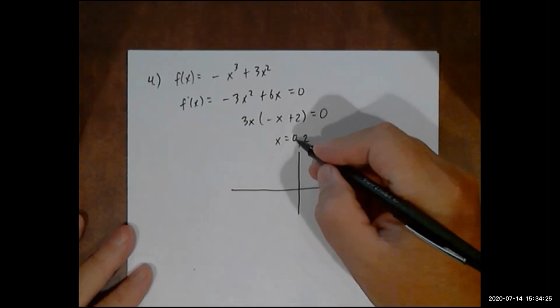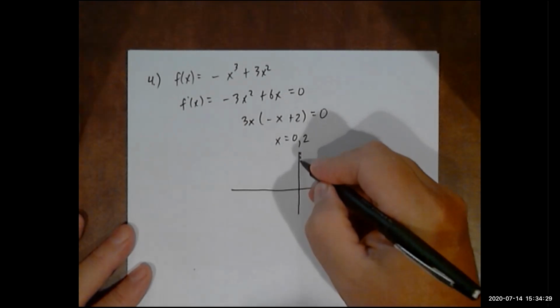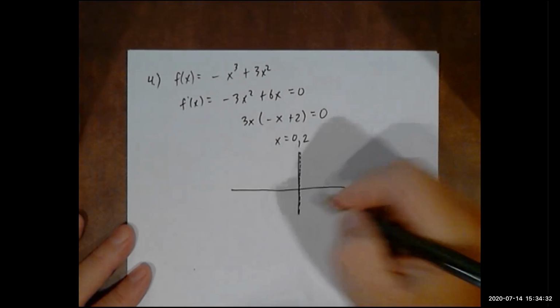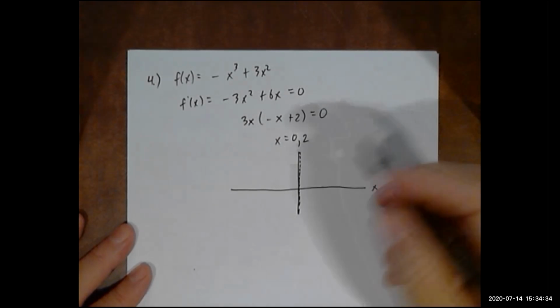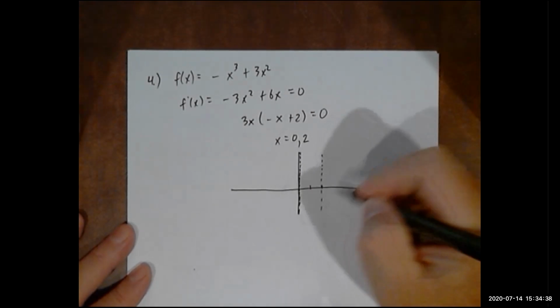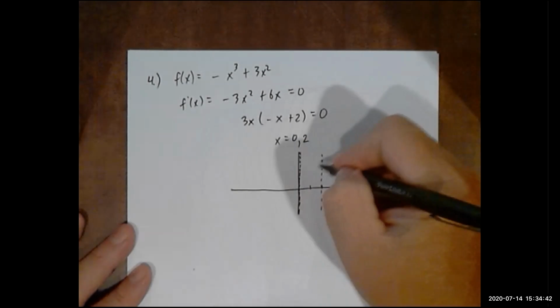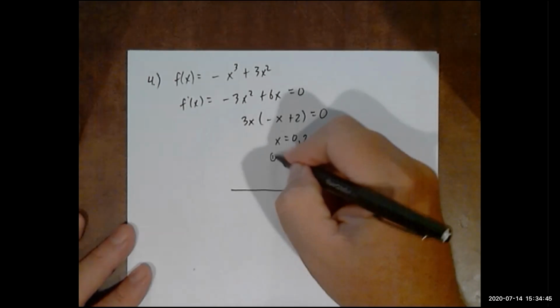So I mark my points. 0, and I put a dashed line at x equals 0. And then 2 is right here. So therefore, this breaks up my graph into 3 regions.